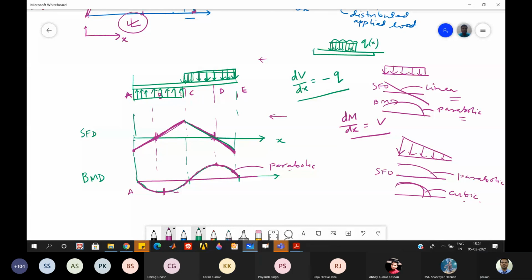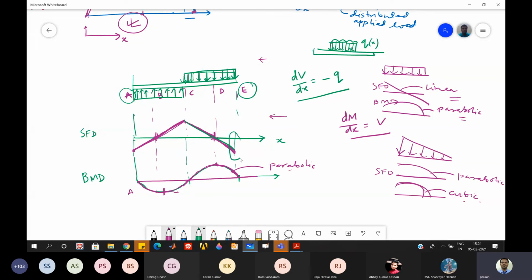No, sir, it is correct because at the pin joint at A and roller joint at E, at end points, we have to consider some force. Why? Because in the shear force diagram, we are seeing that some force is there.